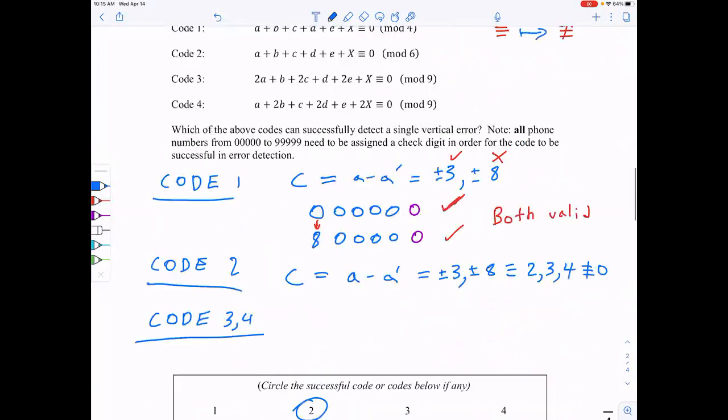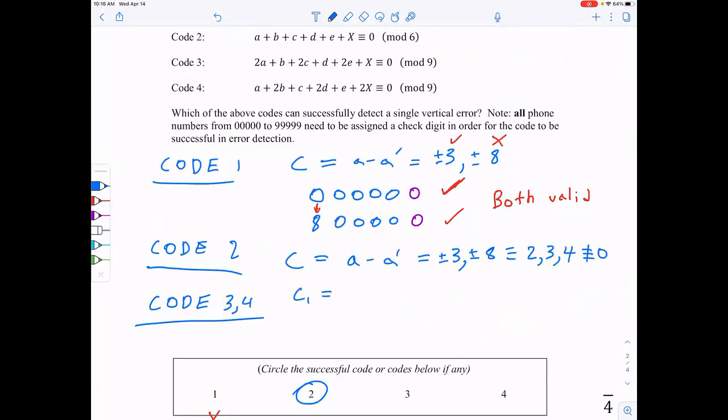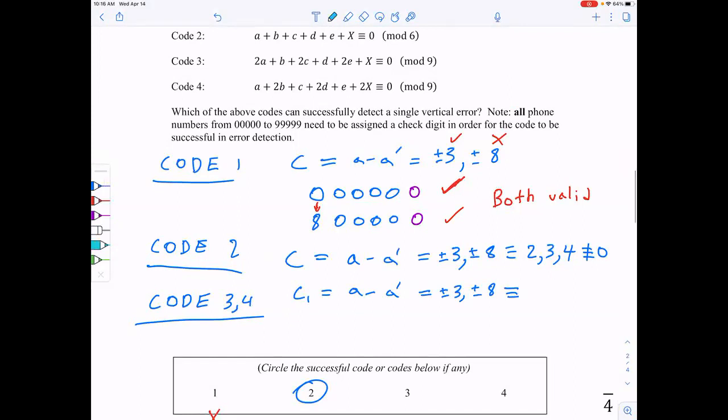And I'll just say C1 is one possible change that could occur. And again, with A minus A prime with no coefficients, you could get plus or minus 3, plus or minus 8. So this is exactly the same as what's above. But this time we're working in mod 9. So maybe just above I should write, but this time our congruent symbols were in mod 6, and now below they'll be in mod 9.